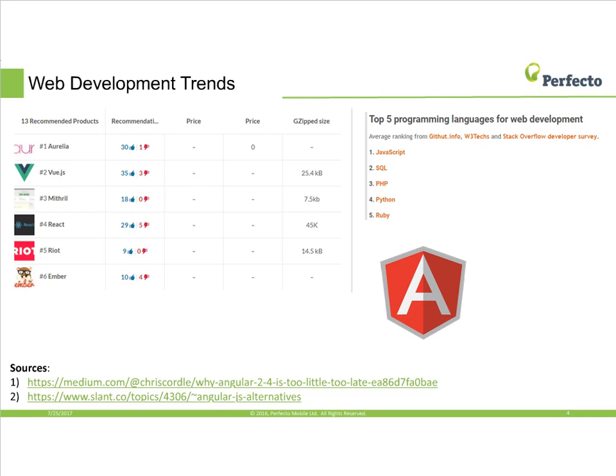Up until a few years ago, AngularJS and jQuery were the leading and most familiar web development frameworks. What we are seeing today is a growing number of web frameworks for developers, including React, Aurelia and Vue and some others that are becoming more and more popular for many reasons.